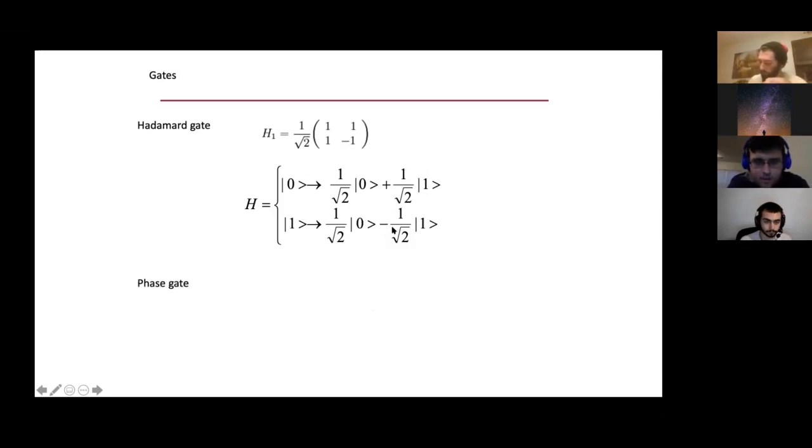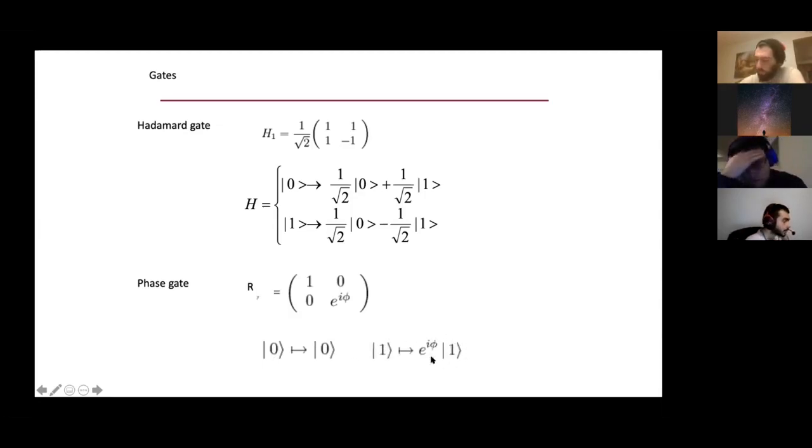But what we're interested in is something called a phase gate. And that basically is represented by something like this. You have 1, and here it's e to the i phi. And this is basically a phase. When you apply this phase gate, under some circumstances, you can change your 0 state into a 0 state, but your 1 state, you can engineer, you can turn it into either another 1 state or a negative 1 state or something else.